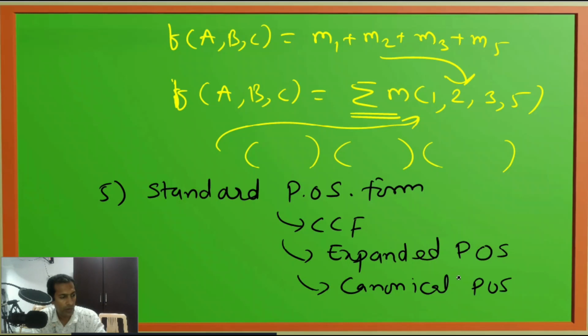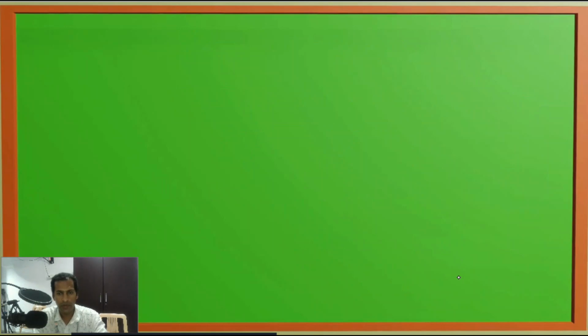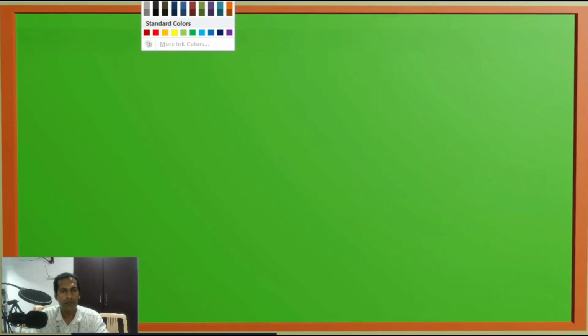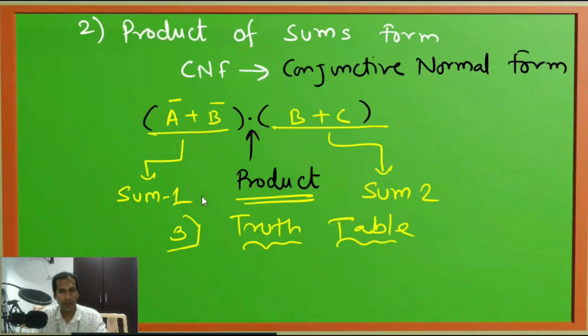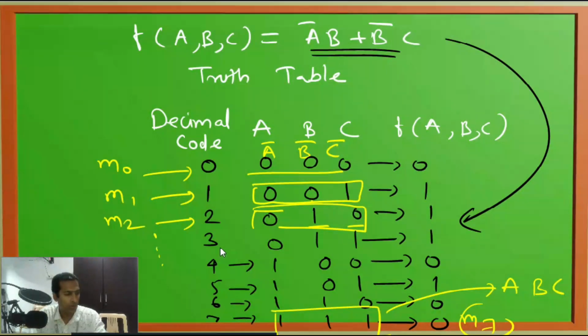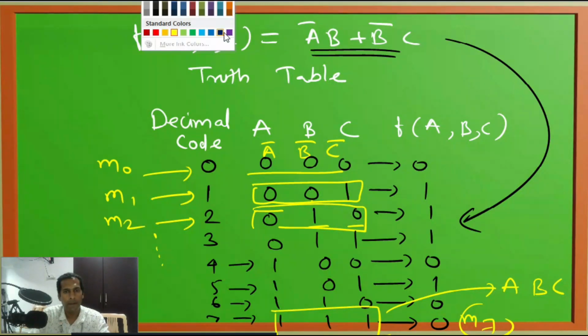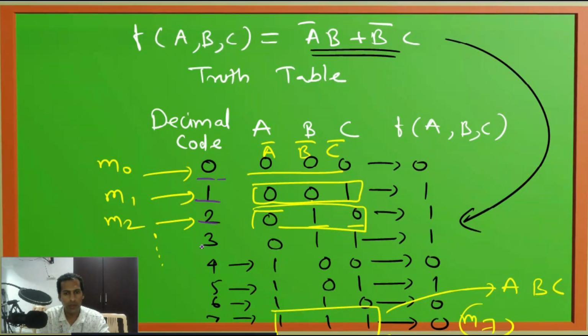For example, the sum corresponding to row 4 in the truth table. This is the truth table, say this is row 1, 2, 3, 4.